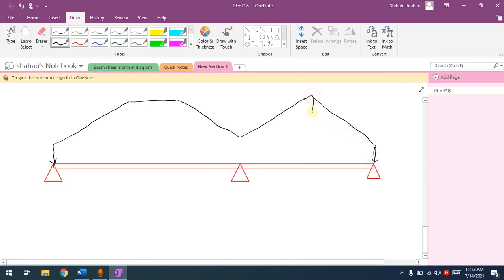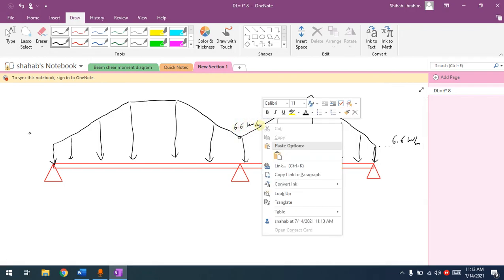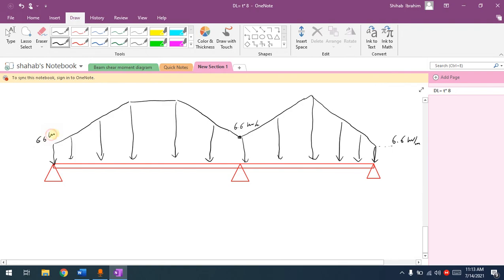Now to present the load, you have to present it this way. You can still make them a rectangle, trapezoidal, whatever you want, but this is how it looks. So at this point we have 6.6 kilonewton per meter, which is the same at this one here, 6.6 kilonewton per meter, and the same here, 6.6 kilonewton per meter.